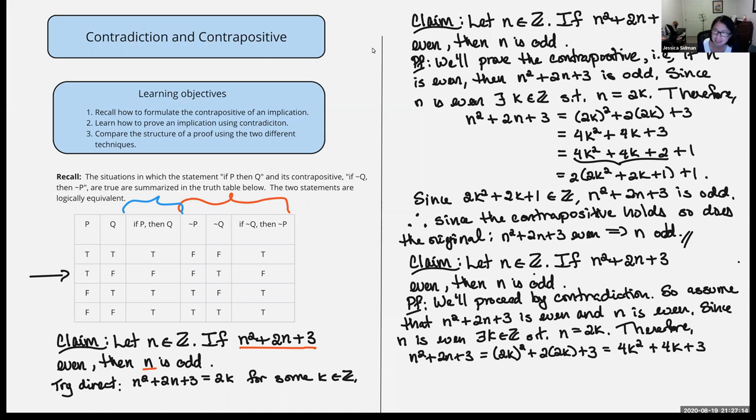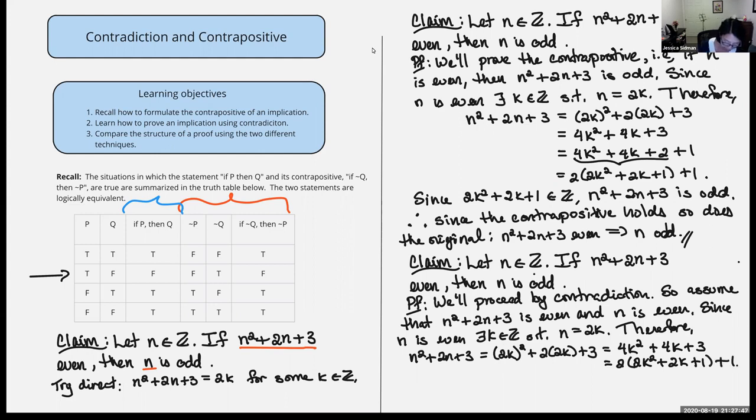What's happening here? Interesting. This is looking a lot like the computation we had above. Well, I'm not going to redo all of the algebra, but maybe what you can see is that, because it's exactly the same quantity as before, this is going to be 2 times (2k squared plus 2k plus 1) plus 1.